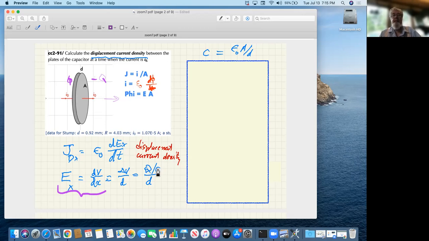Well, what's C? Well, C, the capacitance for a parallel plate capacitor, is epsilon naught A over D. That was from an earlier chapter. But now what's Q? Well, Q will depend on the current. You're delivering charge onto the left-hand plate. You're taking charge away from the right-hand plate.